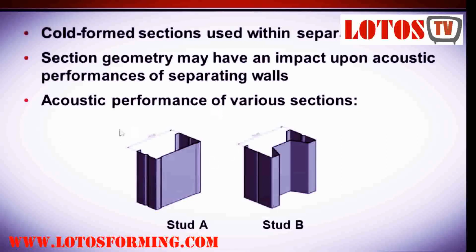For example, in this example, based on our different kinds of products, we need to assess if they can give benefits in terms of acoustic performance. In this case, we have two different sections. We call them stud A and stud B, as you can see here.